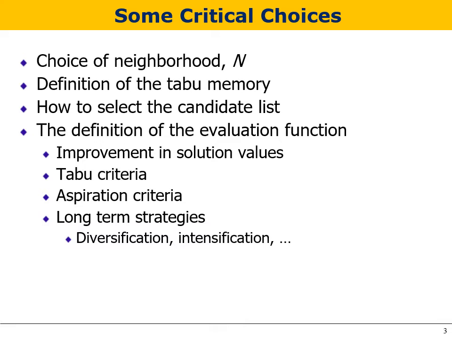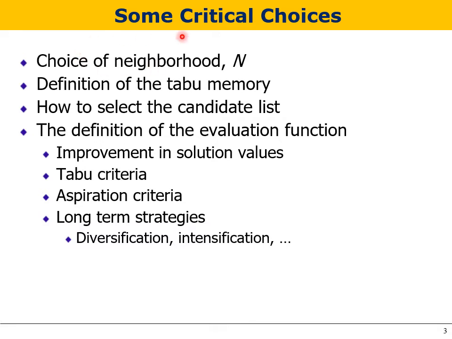And what is different in these versions? You can select a different neighborhood. For example, you develop a Taboo search algorithm which uses pairwise exchange. You can use another Taboo search algorithm which uses insertion.